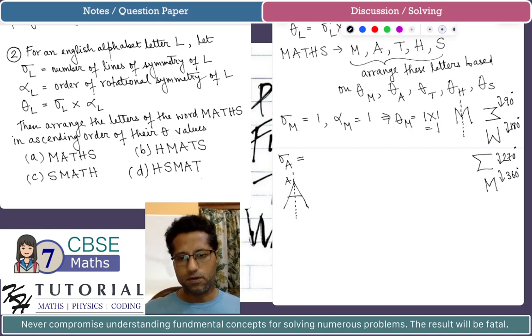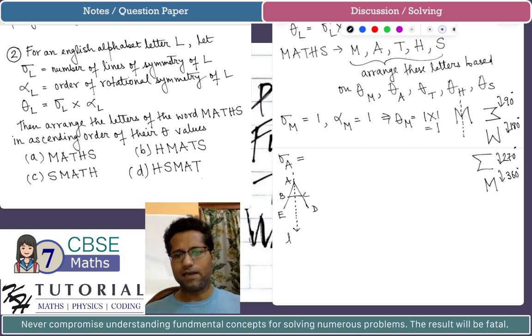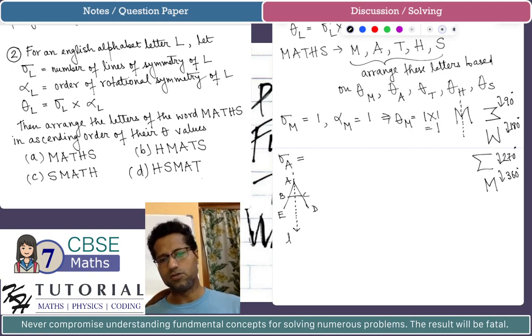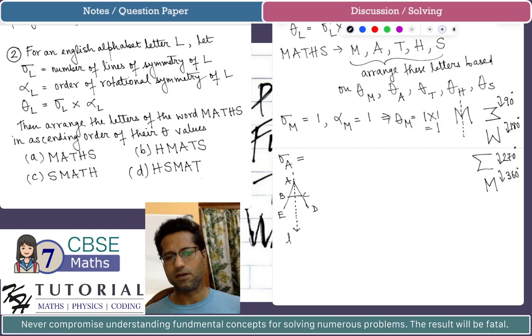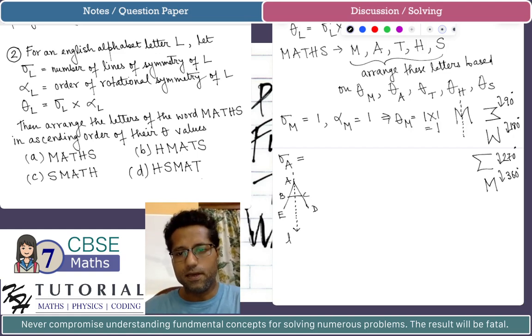If you name some endpoints of the letter A as B, C, D, E, the line of symmetry of the letter A is the bisector of the angle A, and it also bisects the segment BC. So this vertical line is the line of symmetry, and there is no other line of symmetry for the letter A. So sigma A is 1.